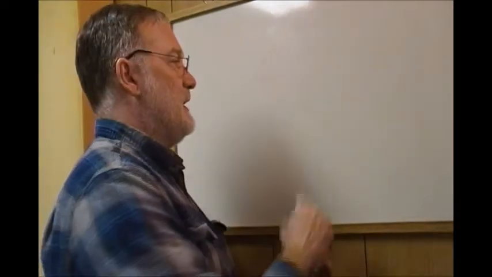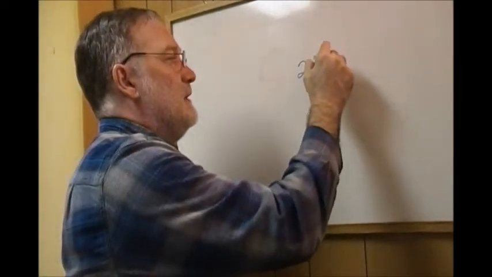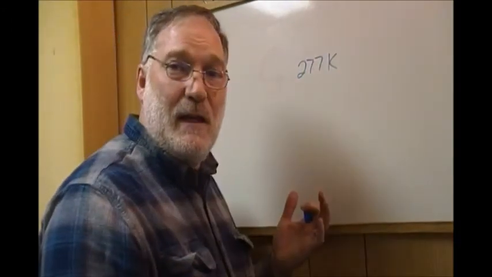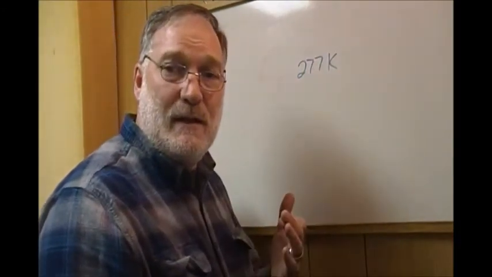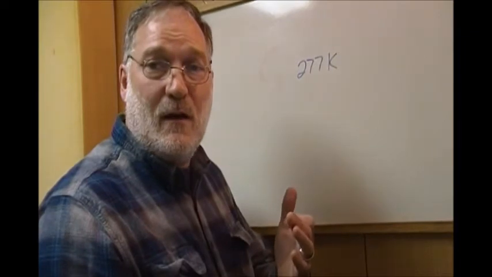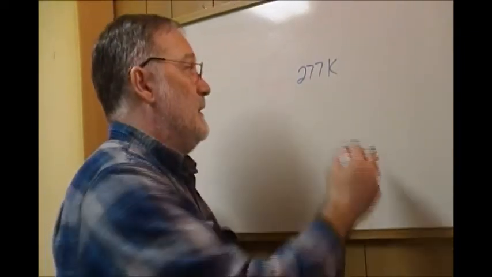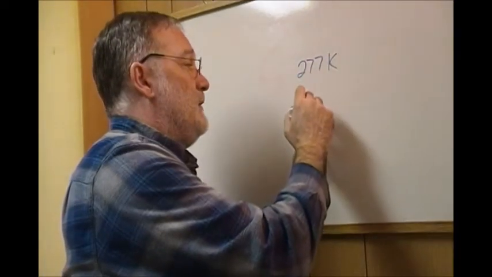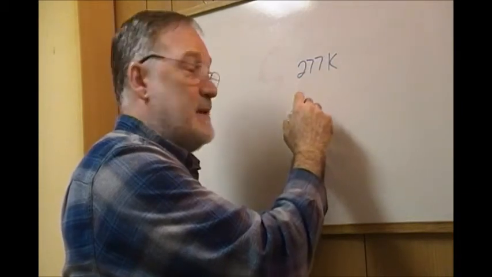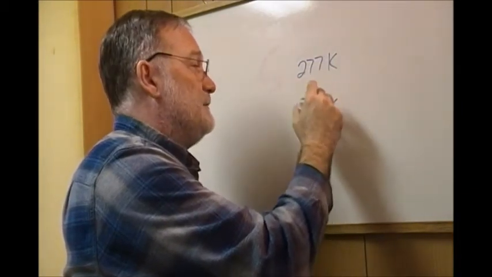So you've got 277 Kelvin with the average radiation method, which I demonstrated in the first video is the wrong way to do it. And then you've got the right way to do it, a much lower temperature, 155 Kelvin.